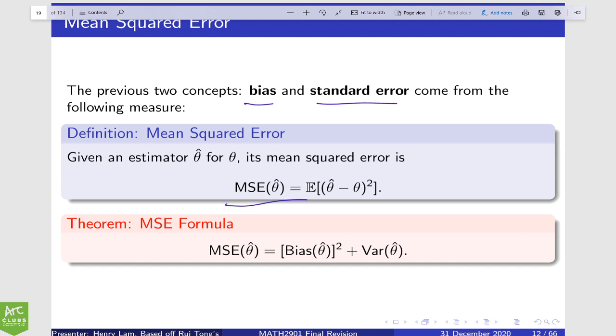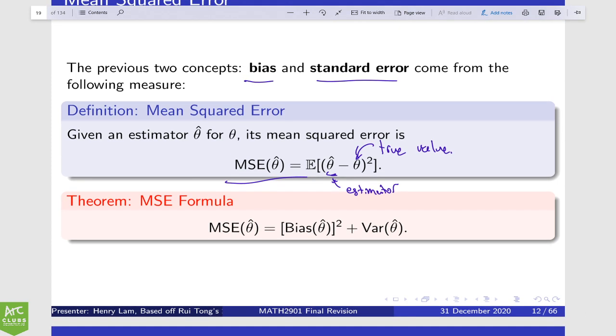right? And the way it works is that it measures how far off our estimator is from the true value. So it's mean square error, right? You want to see how far off on average the squared error is. So you find the expected value of the squared error, right?